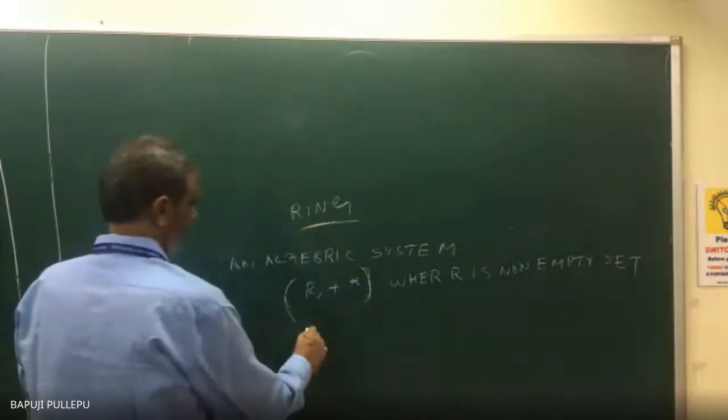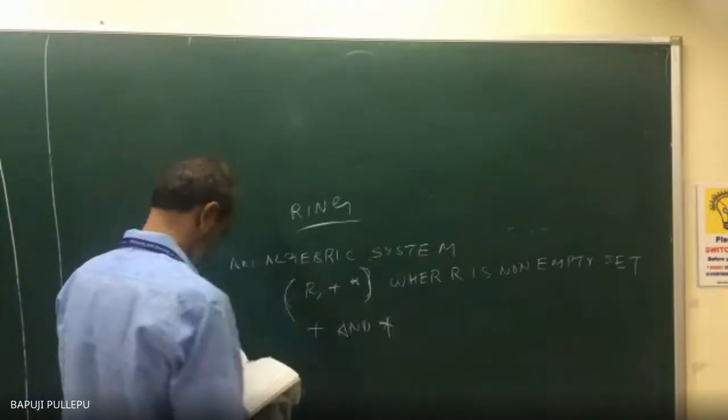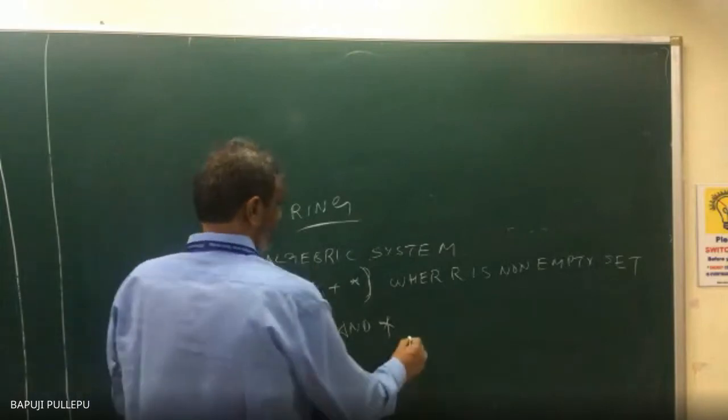Then plus and star are two closed binary operations.